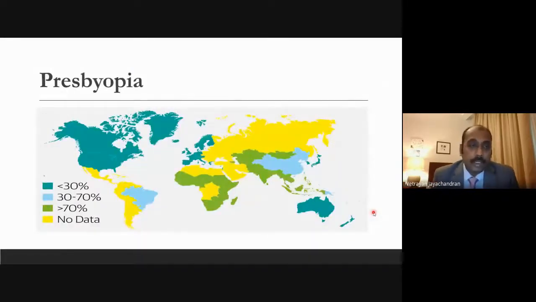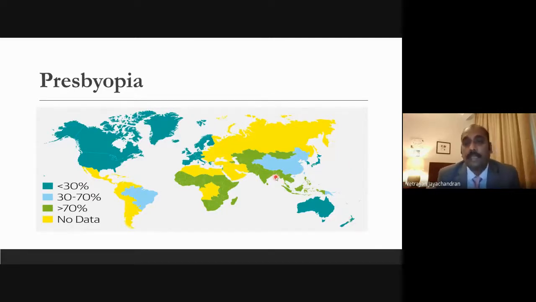This is an epidemiological study done on presbyopia. Due to age factors, the incidence is more than 70%. I'm just concentrating on India. You can see that more than 70% of the population in India has presbyopia, and sometimes they do not have the awareness to correct this kind of refractive error. But in other well-developed countries like the US, Canada, Australia and New Zealand, only a small portion of the population has this, because their vision is already evaluated and most of the population has corrected vision.